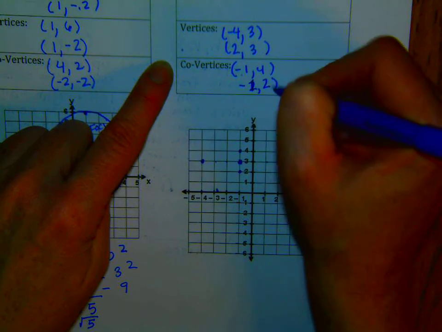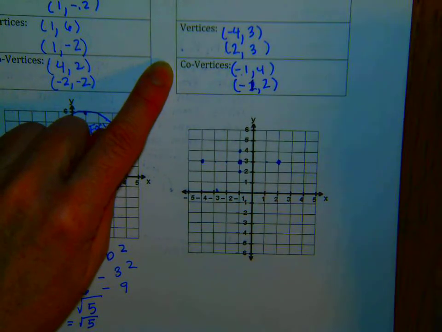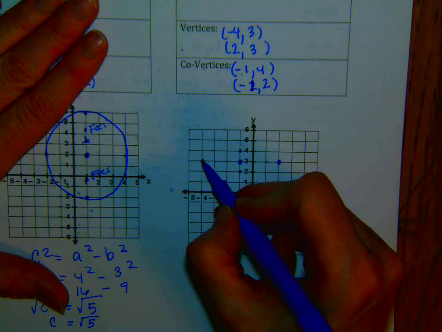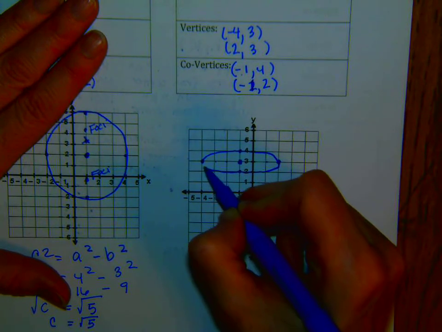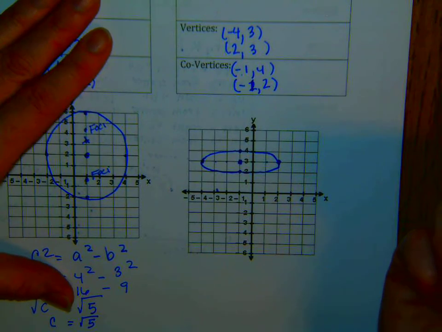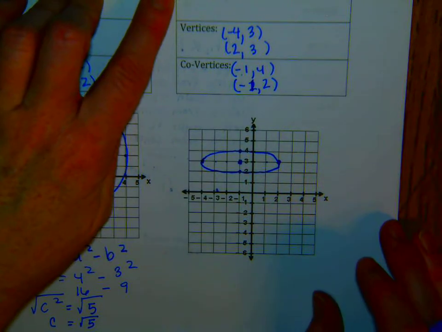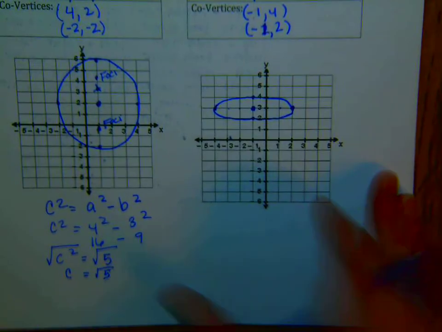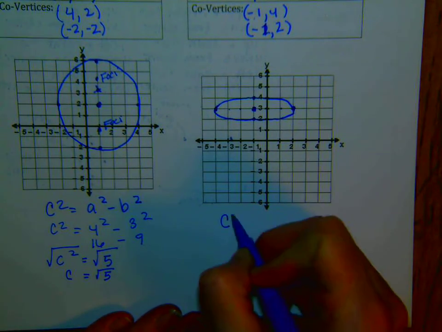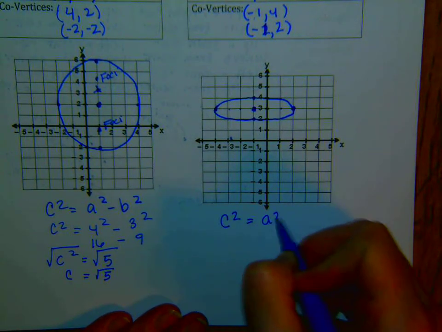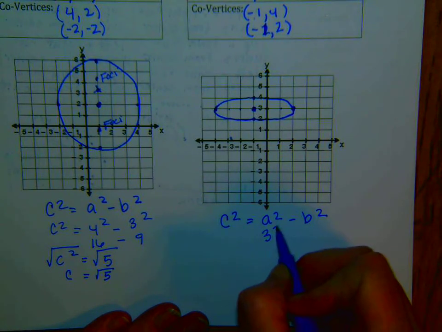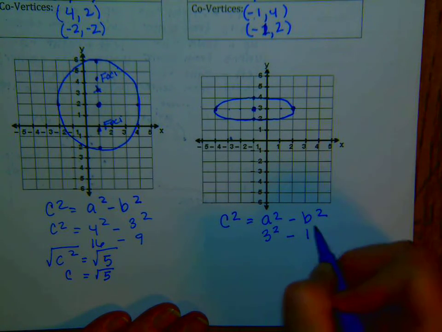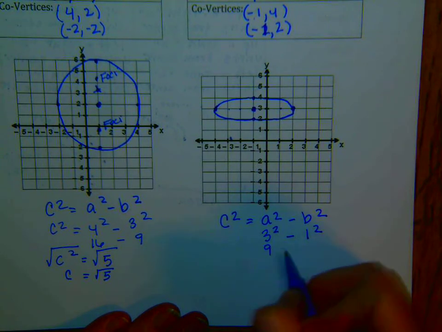Okay, now let's draw our ellipse. There's our ellipse. Now, the foci are a little bit more challenging, so we need c squared. We know that c squared equals a squared minus b squared. a is 3, so 3 squared minus 1 squared is 9 minus 1, so c squared equals 8.